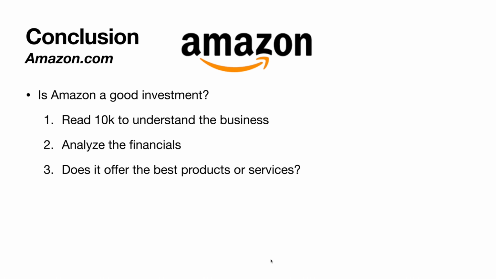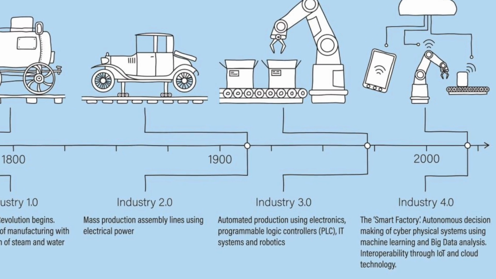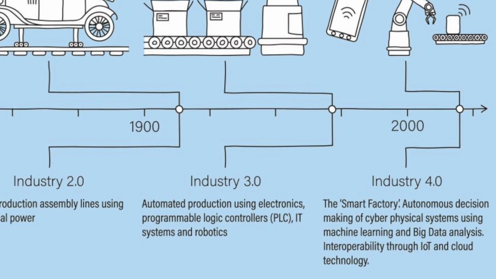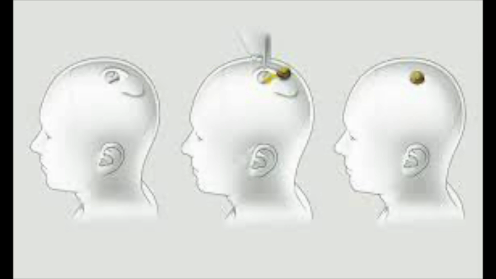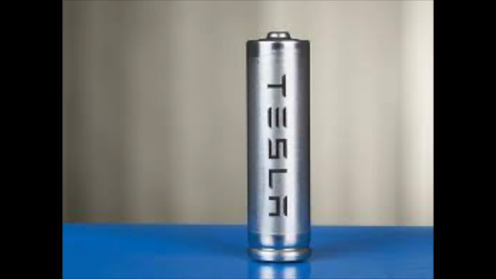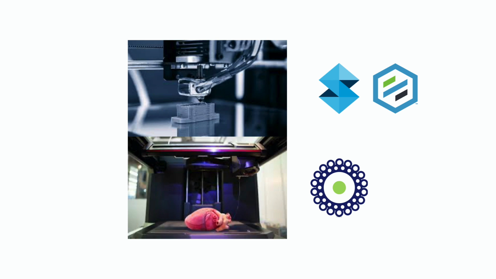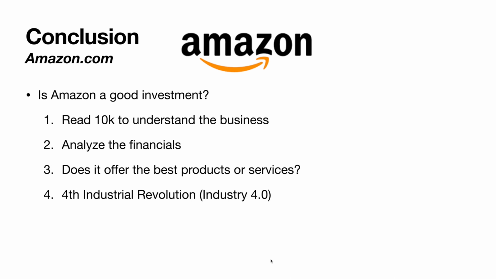Lastly, does the stock that you want to buy match with the current industrial or political trend? Our current society is focused on the fourth industrial revolution or Industry 4.0, which promotes automation by using the most cutting-edge modern smart technologies such as artificial intelligence, Internet of Things, battery, renewable energy, big data and analytics, 3D printing, AR, VR, cloud, cybersecurity, crypto, 5G, and many more.